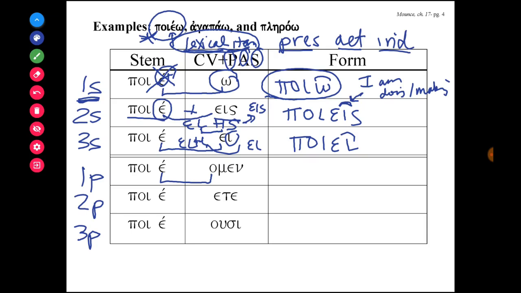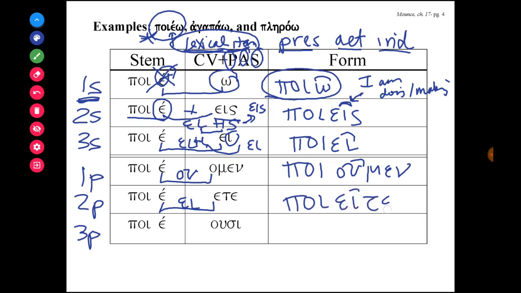Epsilon plus omicron for the first person plural, we are making, we are doing, well that forms a diphthong oo, so you get poi-oo men for we are making, we are doing. Epsilon plus epsilon gives a diphthong a, so this is poi-ate, and this is you all are doing or making.